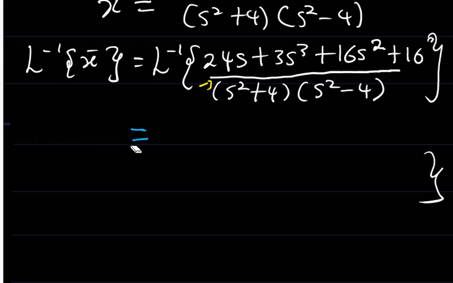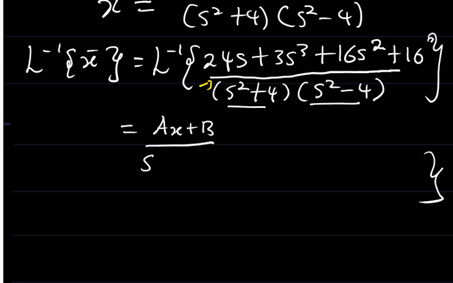Okay, so for the numerator, you know how it goes. This is a quadratic factor, this is a quadratic factor. So this is going to be ax plus b divided by s squared plus 4.